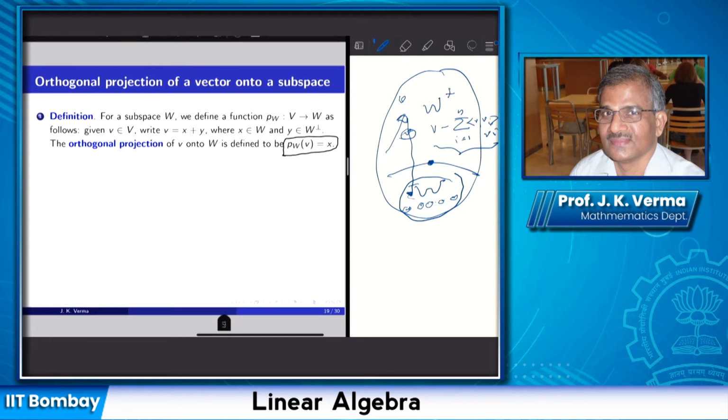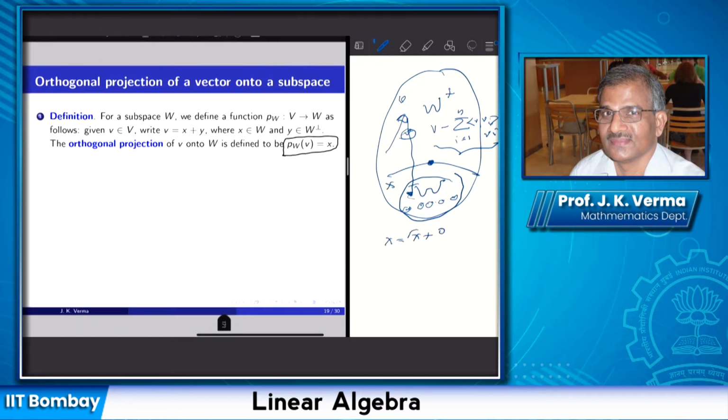If you write the formula, you will see that it is actually a linear transformation from V to W, and it is onto. And if I apply the projection map to any vector inside W, there is no effect. Any vector inside W will be mapped to itself by the projection, because if I take a vector X inside W, X equals X plus 0.